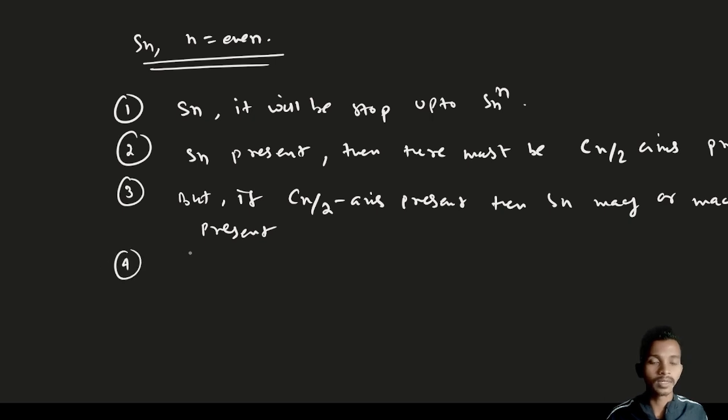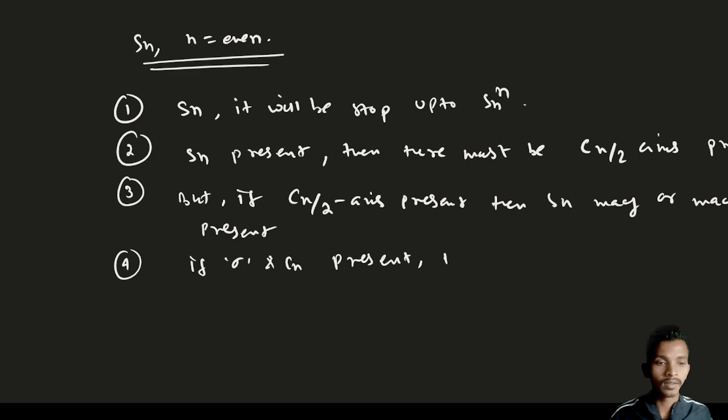And the 4th point is that if sigma and Cn are present, then Sn must be present. This is 100%.